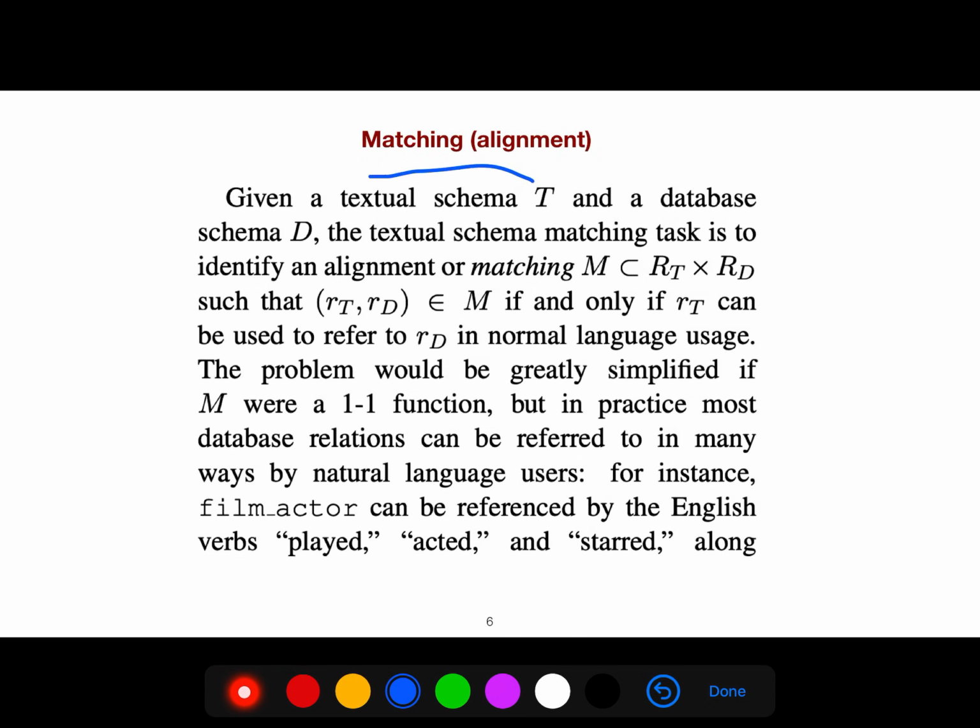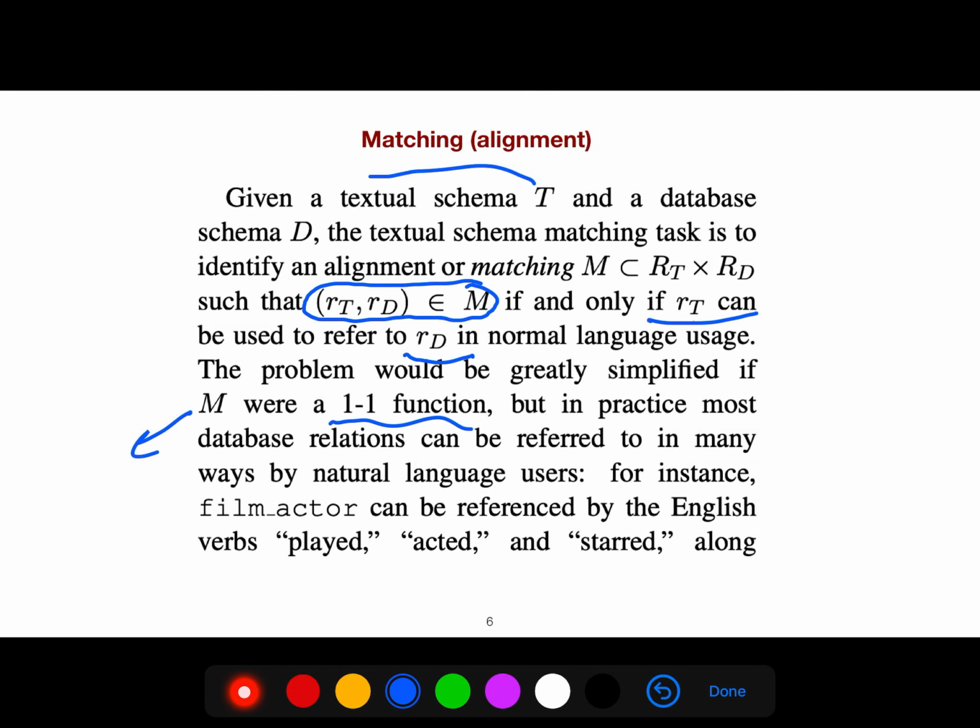So the textual schema matching task is to identify an alignment or a matching such that R of T and R of D, your text and your schema, are a match if and only if R of T can be used to refer to R of D in normal language usage.